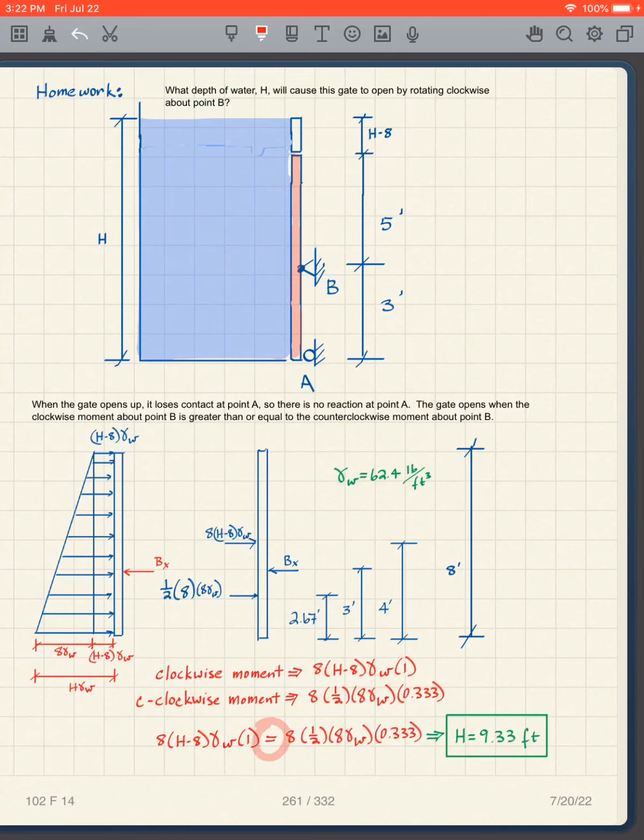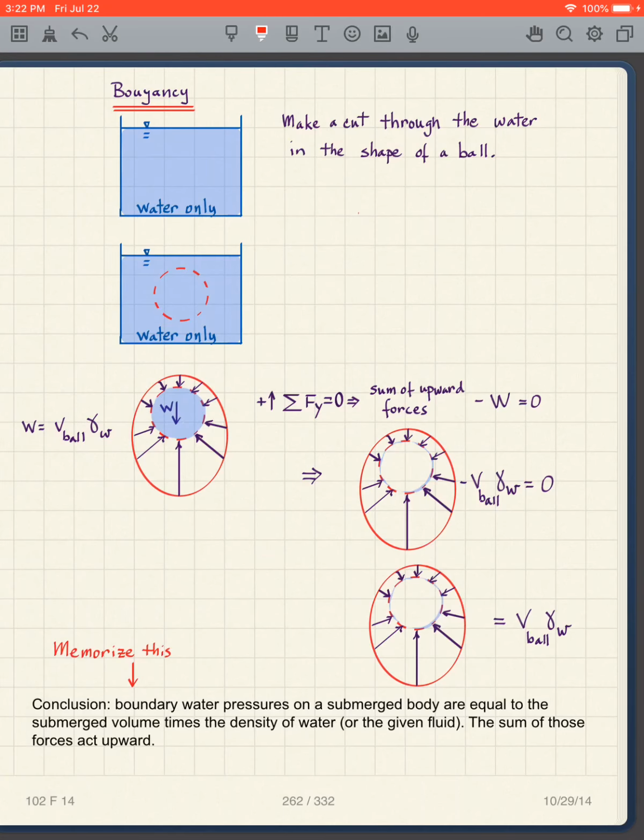That's when it just starts to rotate in a clockwise direction. So I set this clockwise moment equal to the counterclockwise moment, and then I simply solve for h. It's our only unknown here, and h is 9.33 feet. Okay, I'm going to stop here.